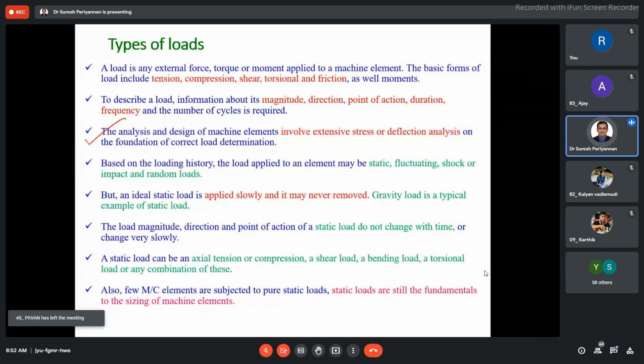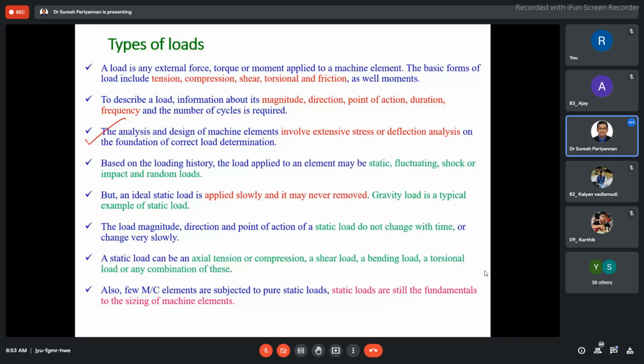The stress and deflection analysis rests on the foundation of correct load determination. This information can be used to define the dimensions of mechanical components, like shaft diameter, hub diameter especially in couplings, and key dimensions. Everything we can define with respect to stress and deflection analysis.